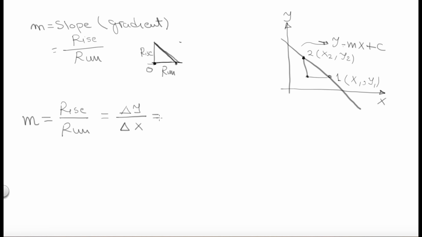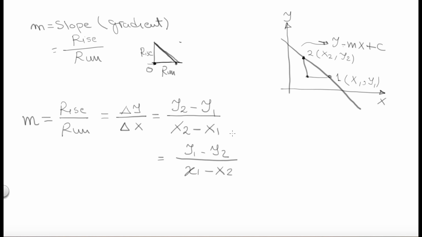Or in more detail, it will be y2 minus y1 over x2 minus x1. And by the way, it will be the same if we write it as y1 minus y2, but we have to write x1 minus x2, because both of them are the same.